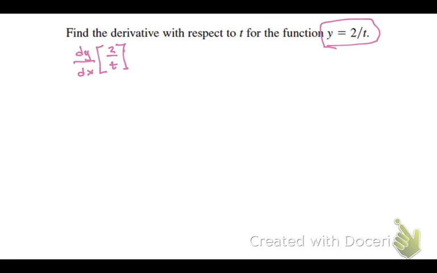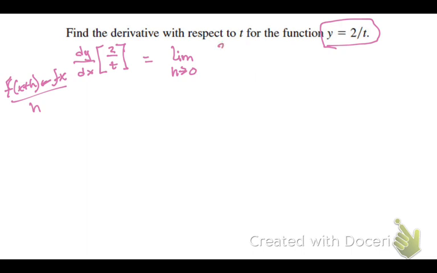Okay? So we do the limit as h approaches 0, and we're going to do the f of x plus h minus f of x over h. You guys know that by heart now already? Good.